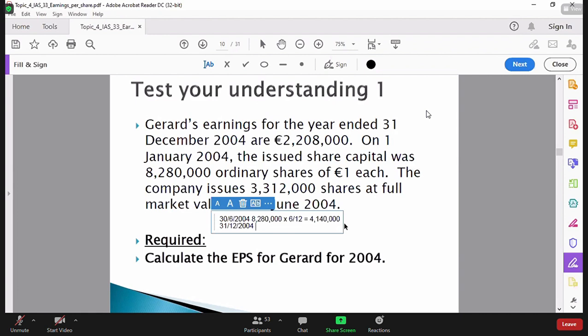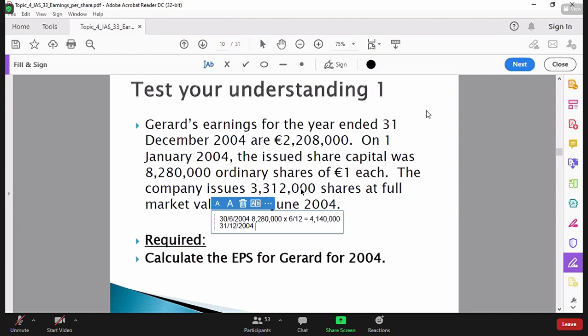All of you, do you agree? No, why is it? Because the 3312 we have to add with the 8280. Yes, the 3312 tadi tu you have to add with the 8280. Ini dia increase by. Do you understand, boy? This is the increase.